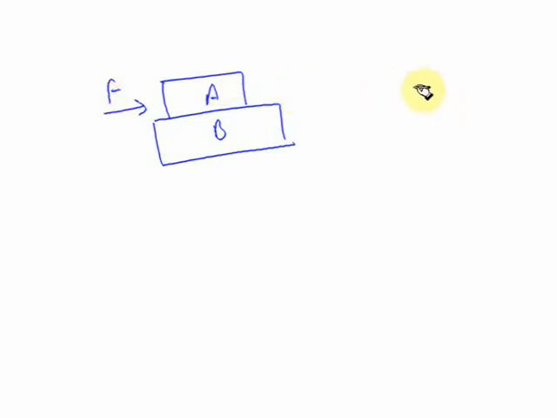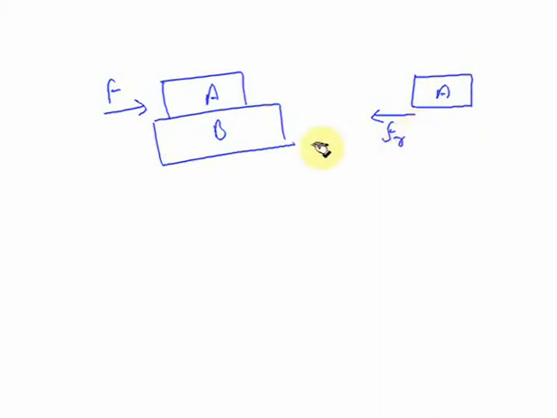As we have seen, the direction of friction force on block A is in the left hand direction. This is friction force Fr. This was because the motion of block A with respect to block B was in the right hand direction, and the friction force will be in such a direction that it opposes the relative motion.